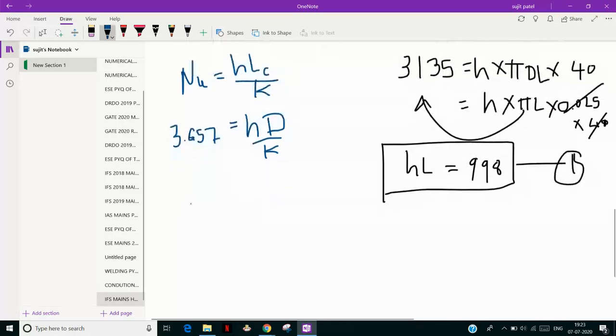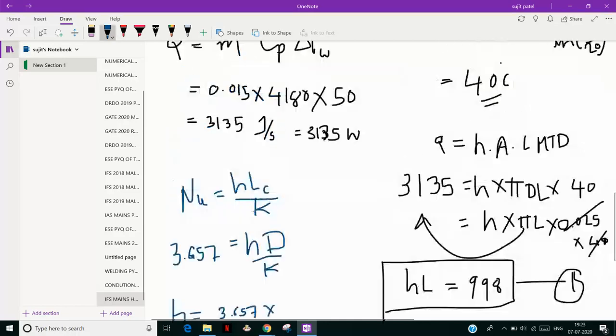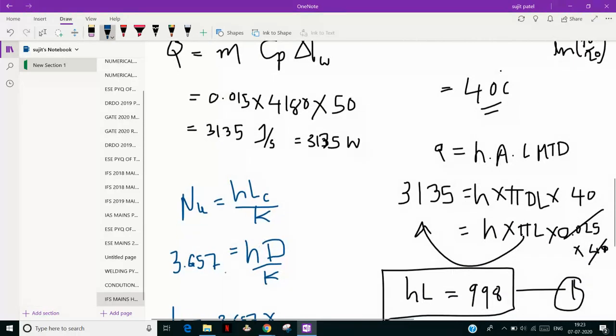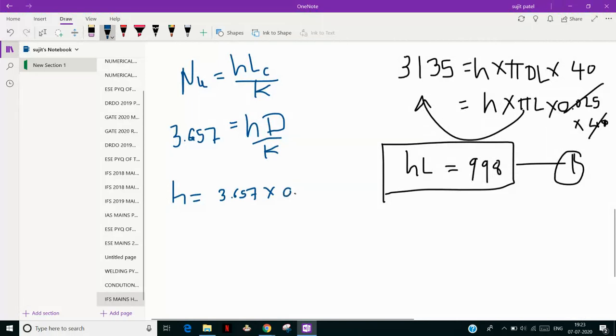Now just put in all the values: 3.657, thermal conductivity 0.638, as given in the question, upon diameter 0.025 meter.